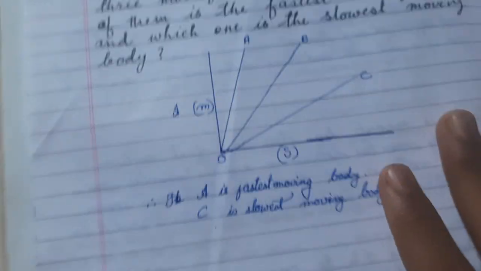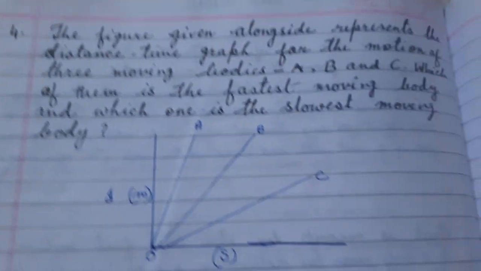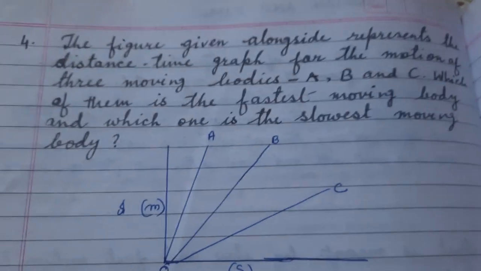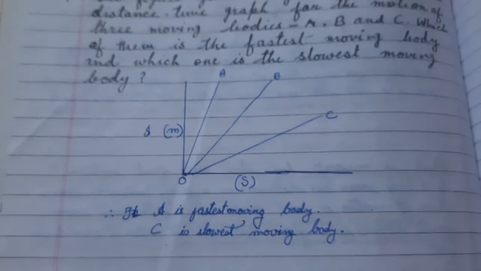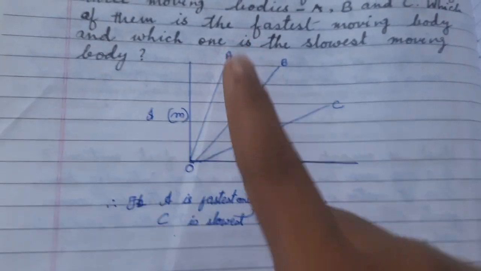Two more questions are there. The figure given alongside presents the distance-time graph of motion of three moving bodies A, B, C. Which of them is the fastest moving body and which is the slowest? A is the fastest moving body because it covered more distance in less time.